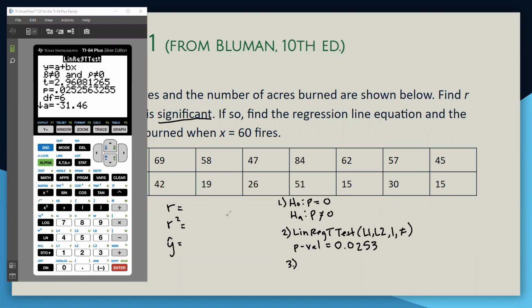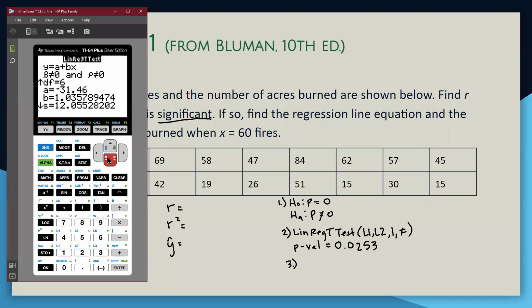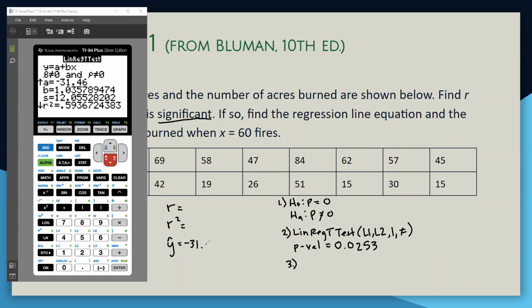And then I can see some information on that next screen. I see the information for the regression line, y equals a plus bx. They tell me my a is negative 31.46, and that my b is 1.0.